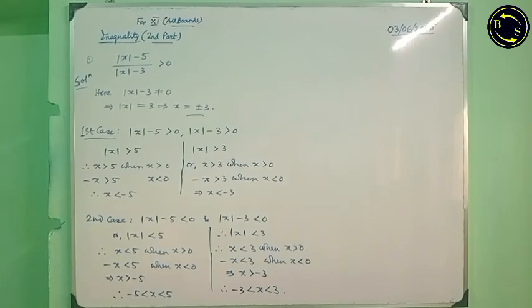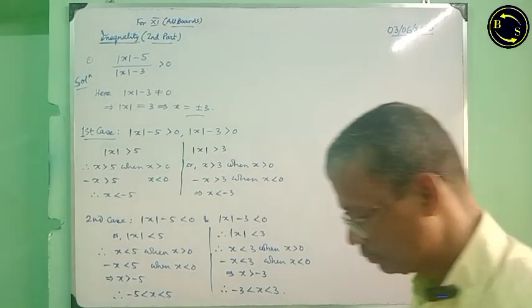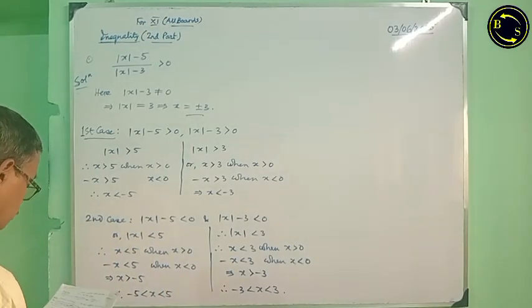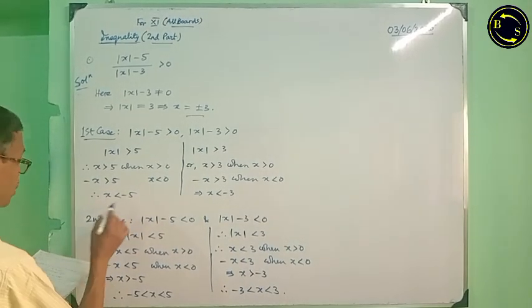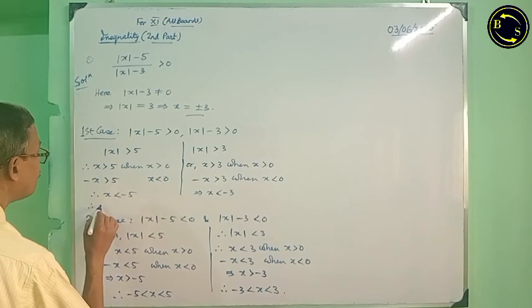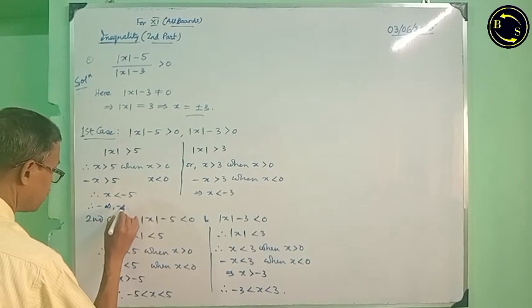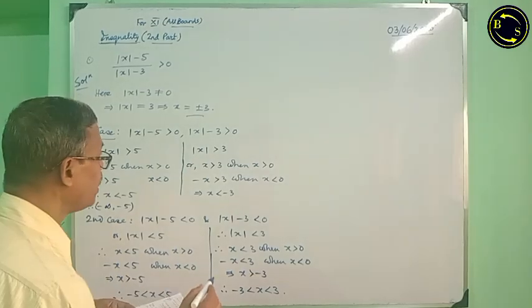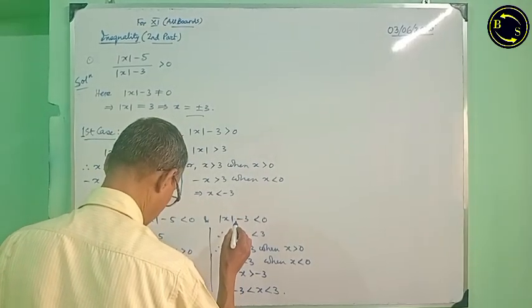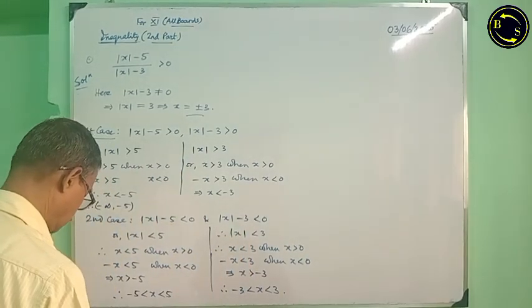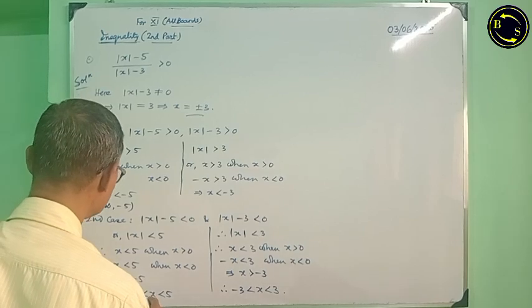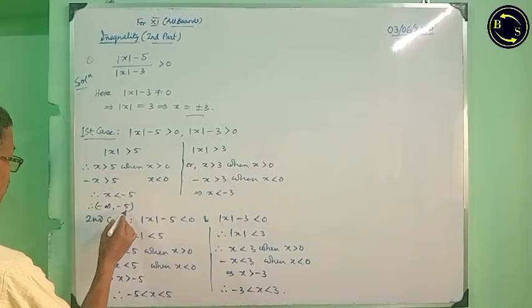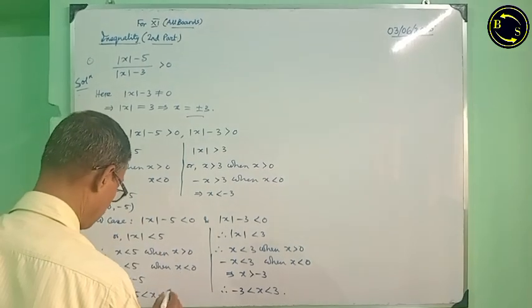From the first part what we have got, minus infinity to minus 5, and from here we have got 5 to infinity.